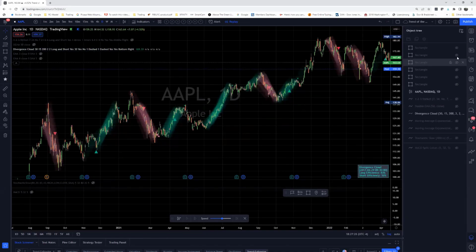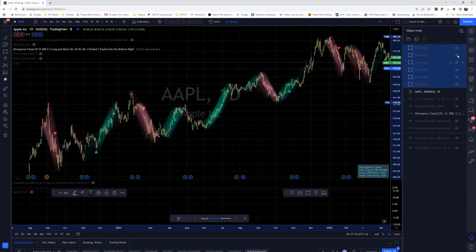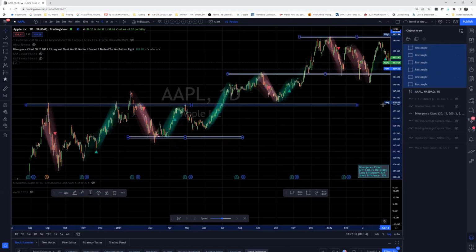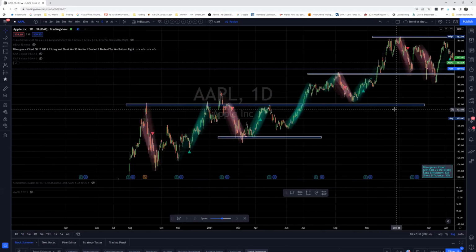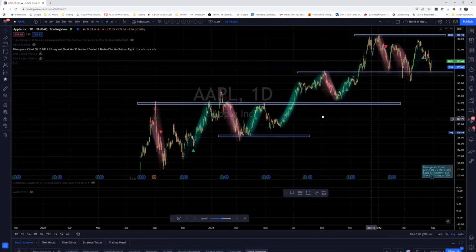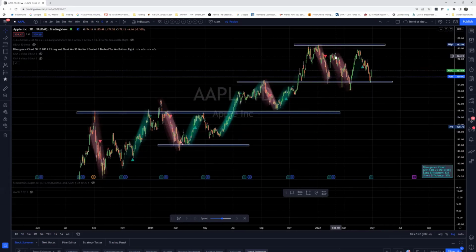I don't want to go through all this one, so we have a nice trick to turn them on again. This is always what I do. We have now set up some resistance and some support zones. I showed you last time. It's quite simple.